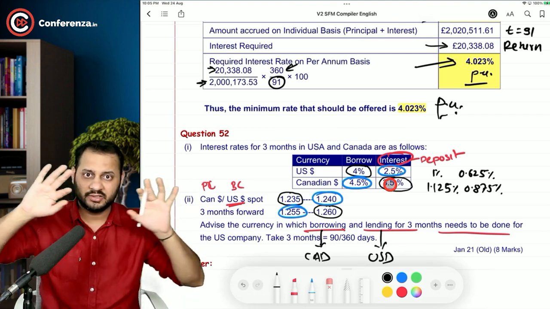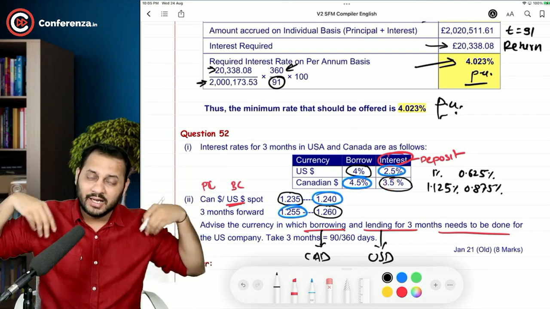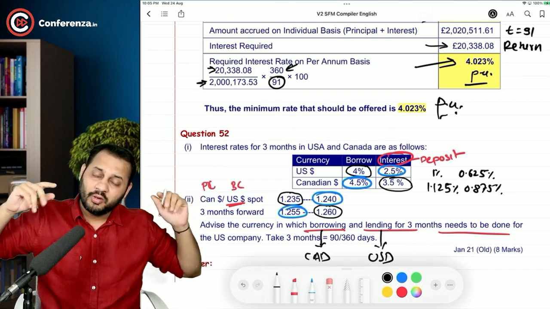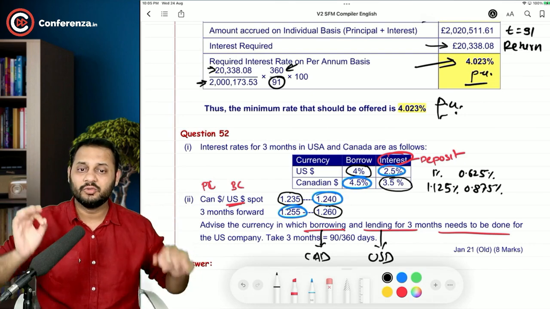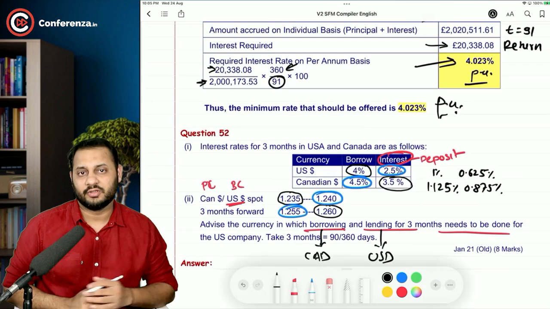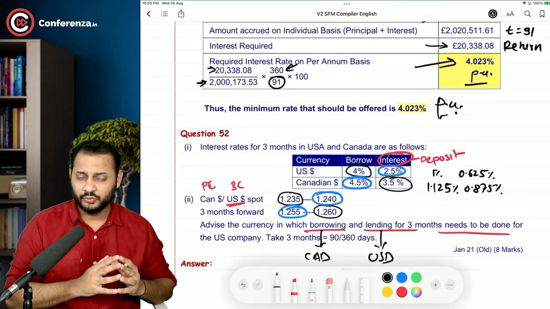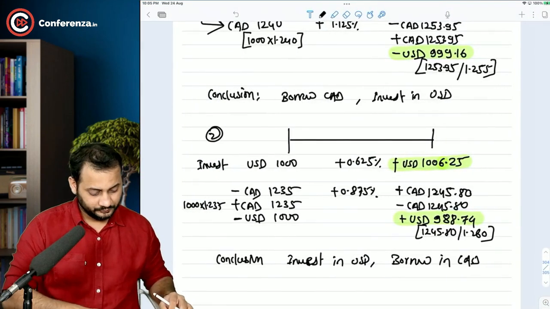So you separate the data, four values here, four values here, and apply that premium and discount concept. From both calculations, you will come to the same conclusion: invest in US dollar, borrow in Canadian dollar. If you want me to show one of the two calculations, let's just do it.